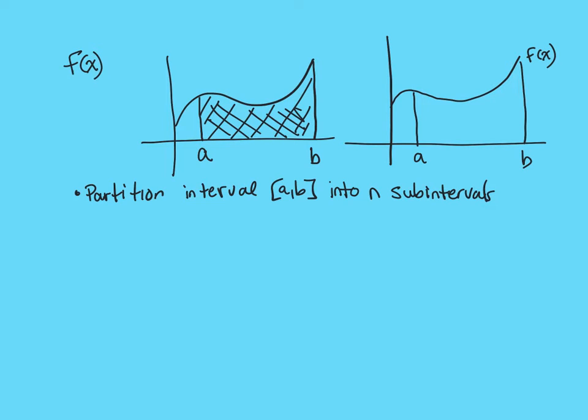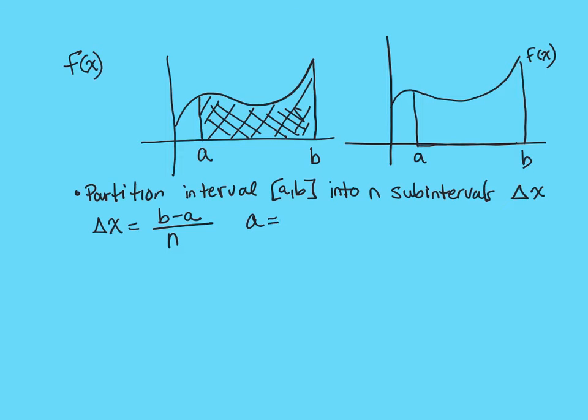So in this particular case, each subinterval is going to be delta x. Delta x is going to be b minus a, that's the total distance from A to B, divided by n.